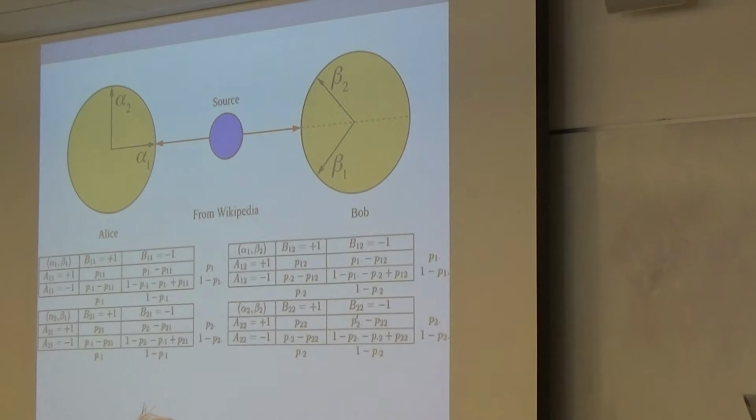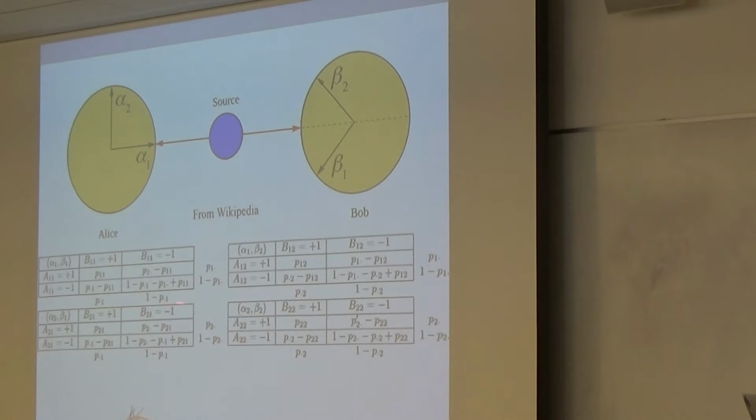This table presents the distribution of the outcomes of measurements. The symbols in each cell represent the joint probability. For instance, P11 represents that Alice and Bob both get spin up, given the context alpha 1, beta 1.